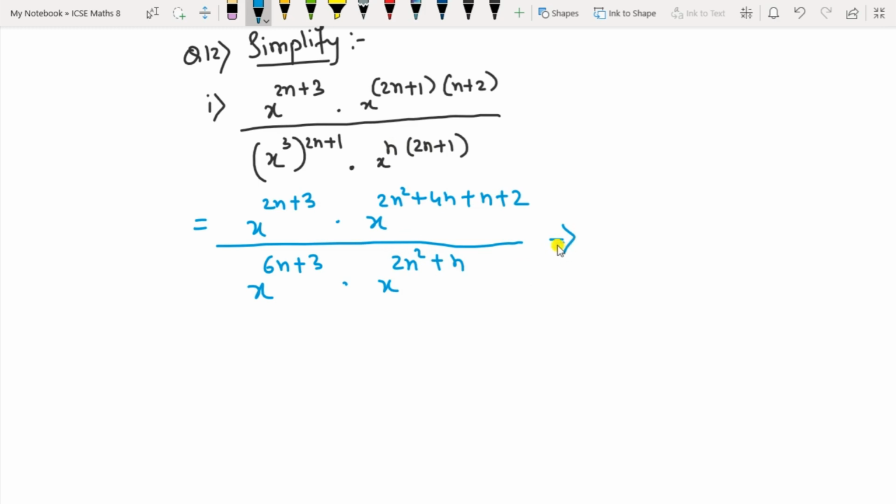Okay, now the bases are same, and it is multiplication, so add all those powers. So x raised to power, add the powers with the same variable.